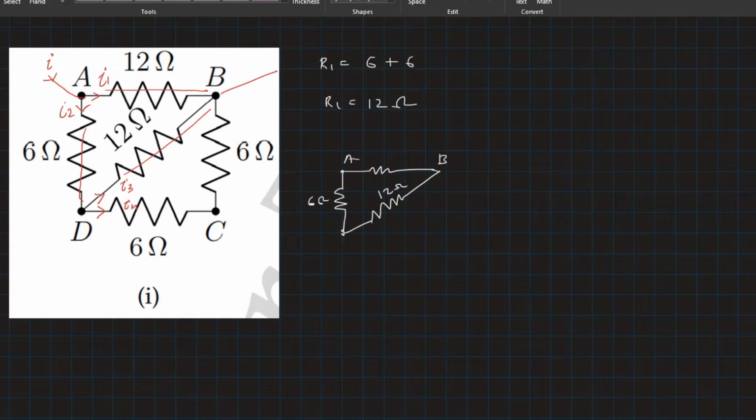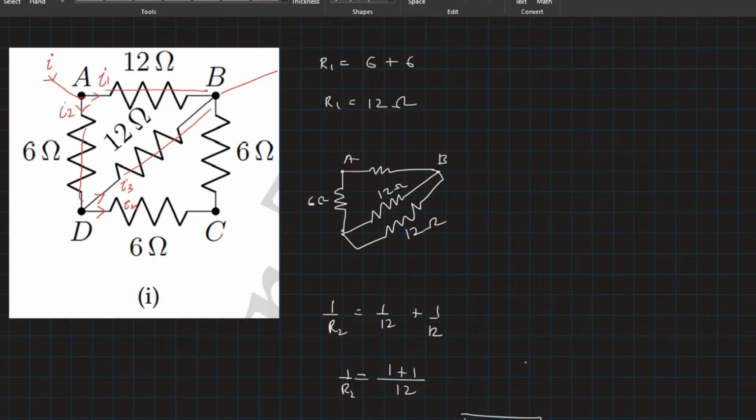And now these 6 have been resolved as another 12 ohms. Okay, so this is very clear now that these two are parallel. So we get 1 upon R2 as 1 by 12 and 1 by 12. So therefore R2 will be 12 upon 2. R2 will be 6 ohms.